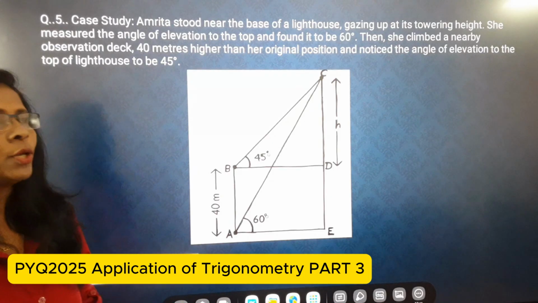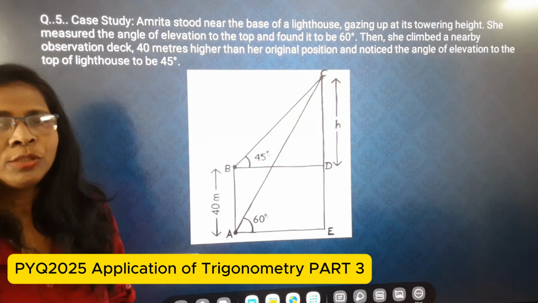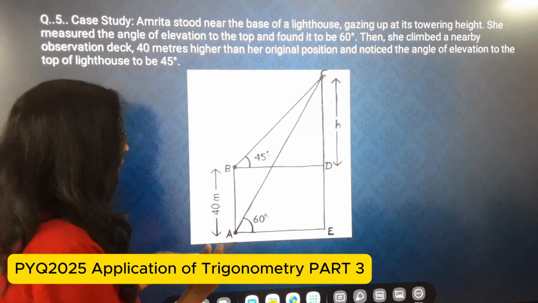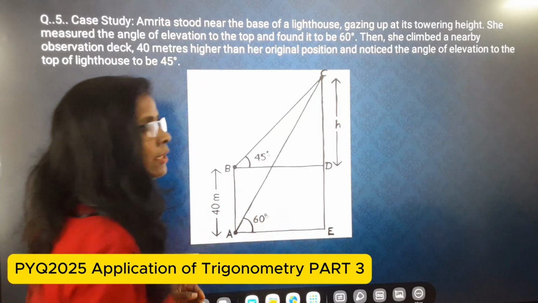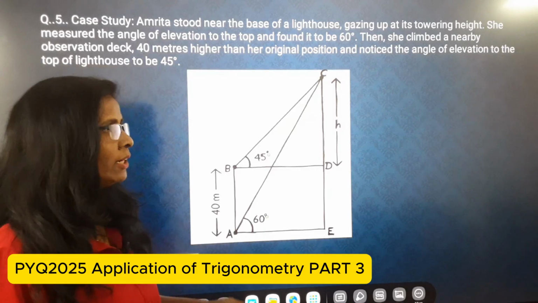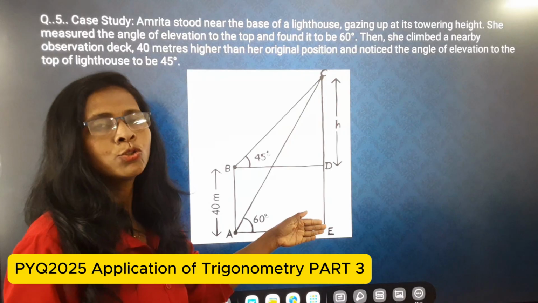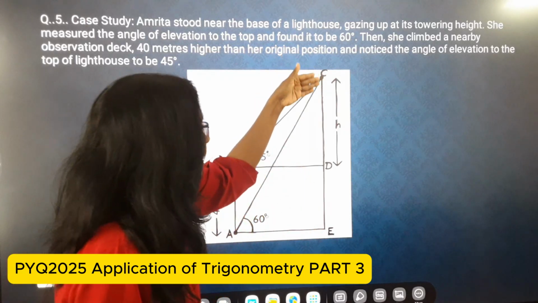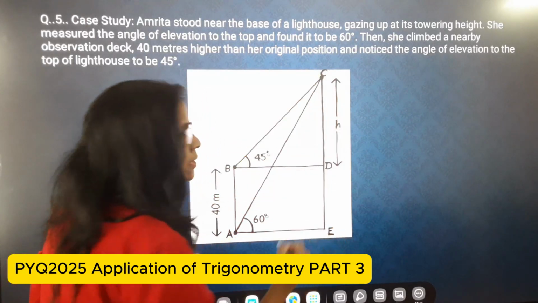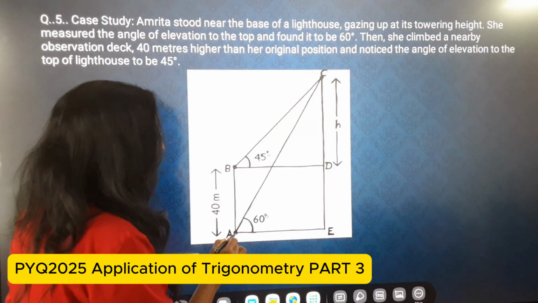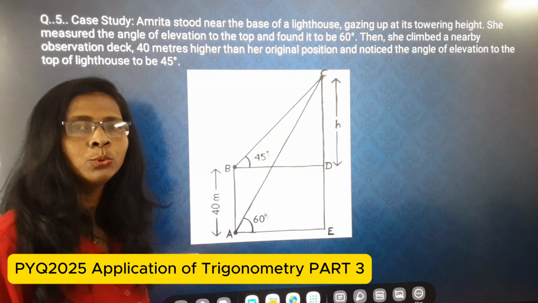So now here, students, from the given information, first we draw the figure. Consider that AE is the ground level, and E is the base of the lighthouse. CE is the height of the lighthouse, and A is the position of Amruta.